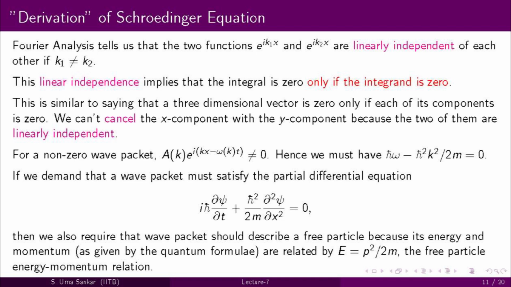So, one is not proportional to another. In such a situation, this set of functions e^{ikx}, where k keeps changing, are all linearly independent of each other, which means that I cannot cancel the contribution of one value of k with another value of k.